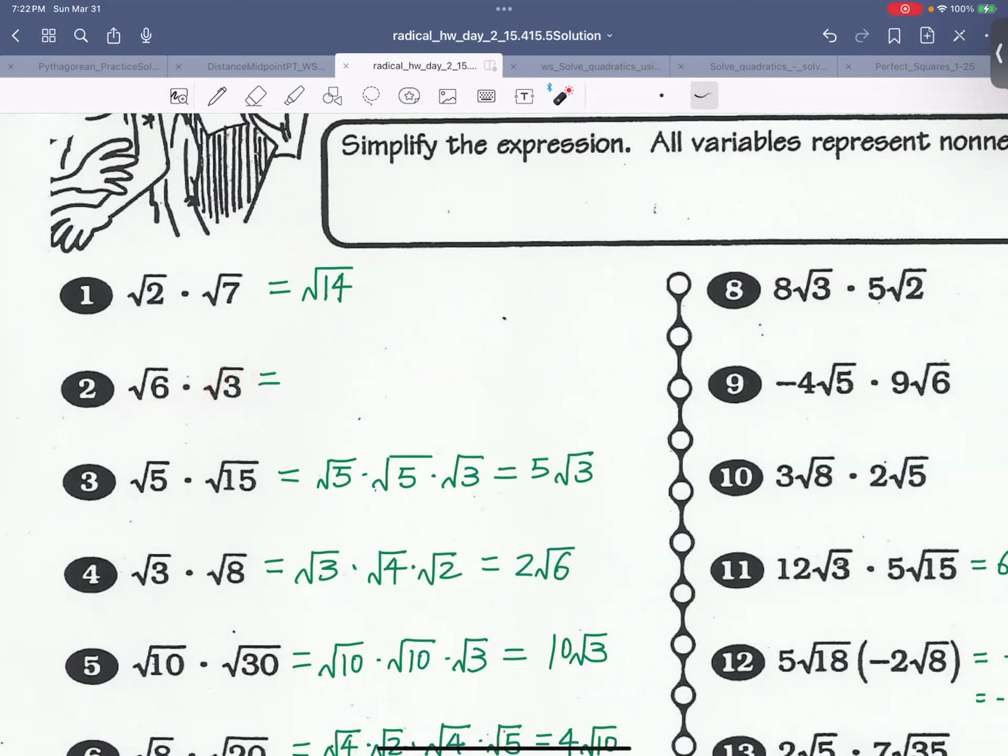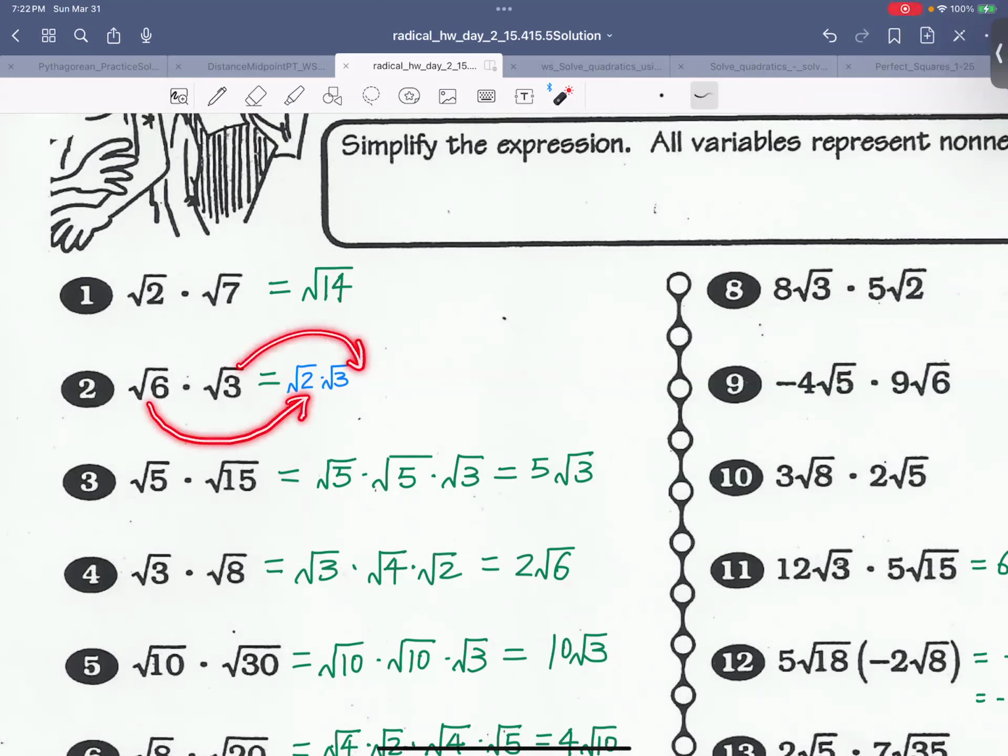You can split square root 6 into square root 2 times square root 3, correct? Right. Okay, let's try here. You rewrite square root 6 as square root 2 times square root 3.